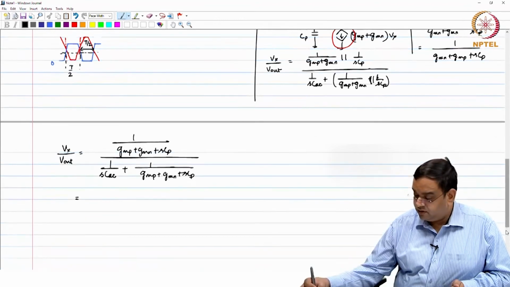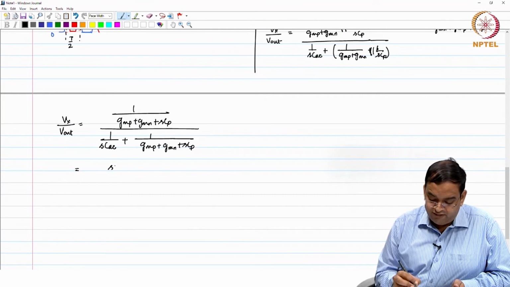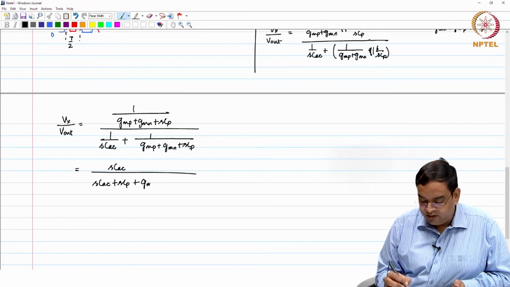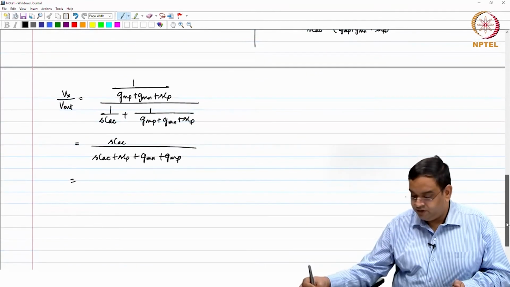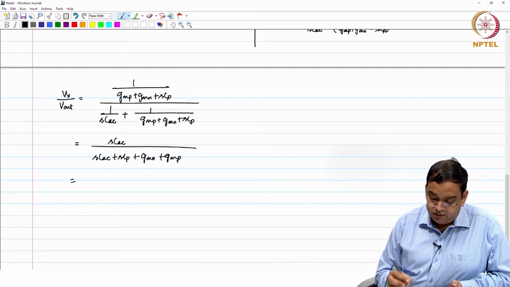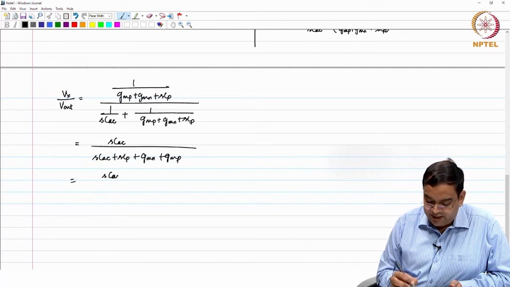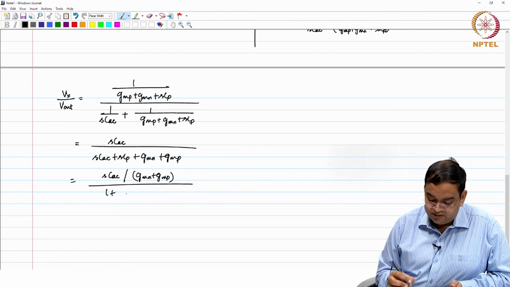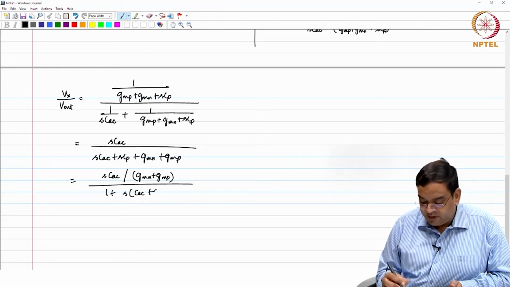So, this is equal to SCAC divided by SCAC plus SCP plus GMN plus GMP, which now is something you need to understand. So, we have SCAC divided by GMN plus GMP, over 1 plus SC (CAC plus CP) divided by GMN plus GMP.